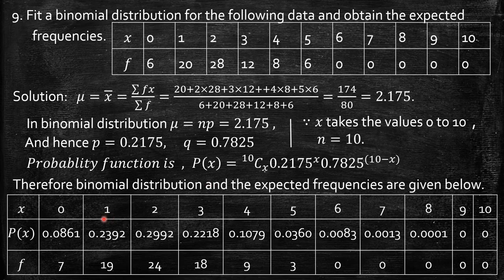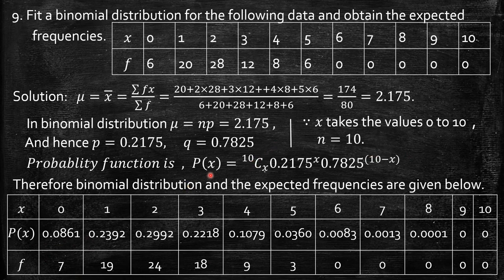I just calculated over here, so that gives the binomial distribution, and the expected frequencies are given by multiplying. Once I get P of x, I can get f of x, that means expected number, by multiplying this by 80. So how did I get this number? First I got the probability for each by using this.